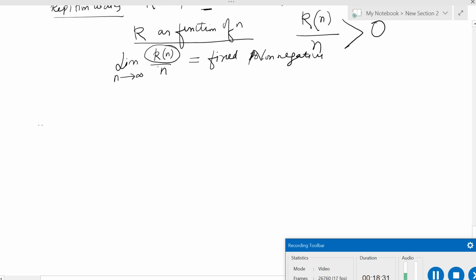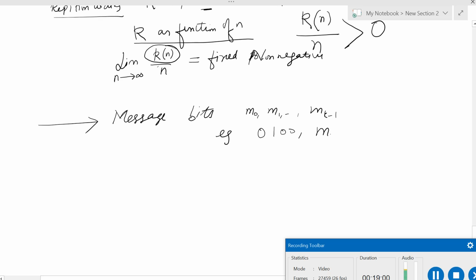Now here is the linear block code we will take. We first have a message. Message bits we can represent as m0, m1, up to m of k minus 1. As an example, if your message bits are 0 1 0 0, m0 is 0, m1 is 1, m2 is 0, m3 is 0.